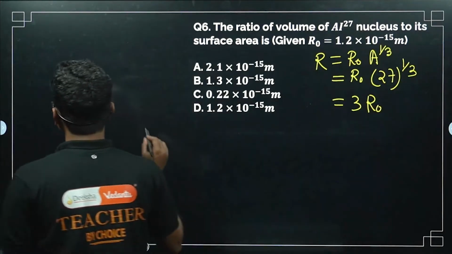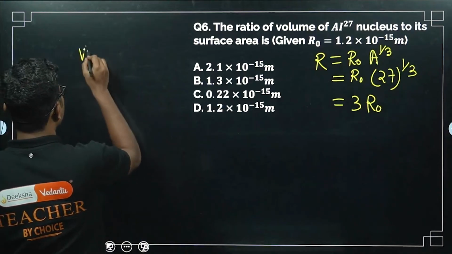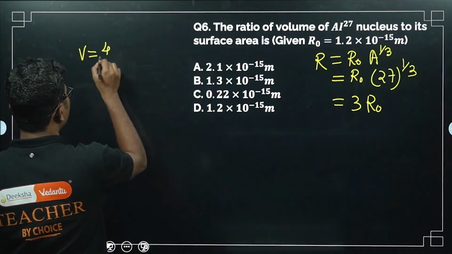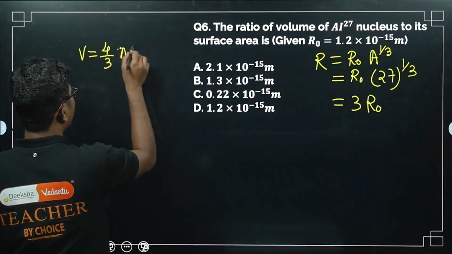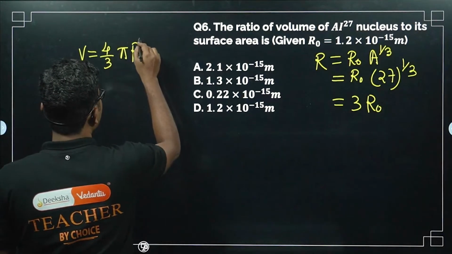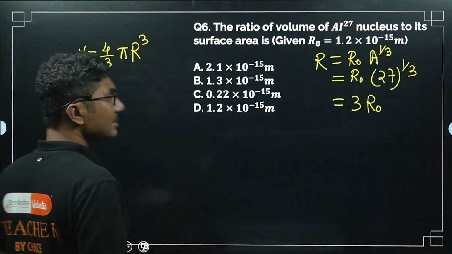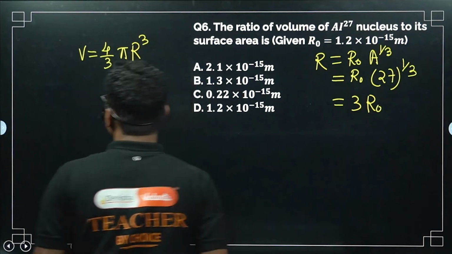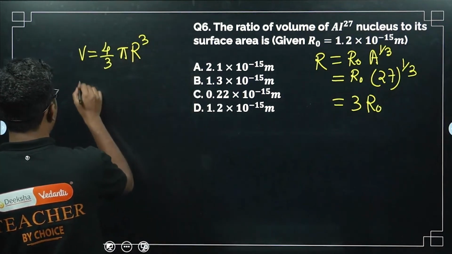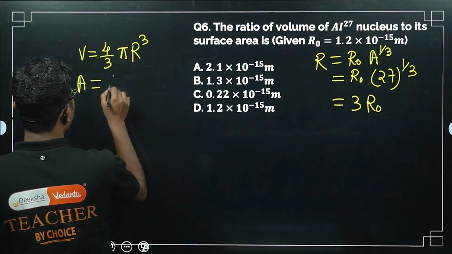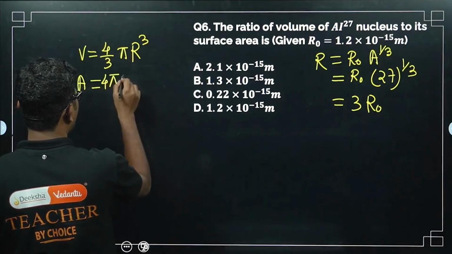Now we know the volume. What is volume? Volume is 4/3 pi r cube. This is spherical in size, right? All the nuclei are spherical in size. So volume is 4/3 pi r cube, and area is given by 4 pi r square.